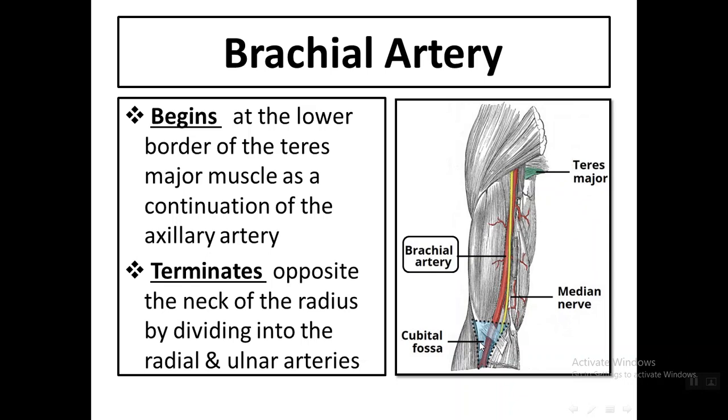It terminates opposite the neck of the radius by dividing into the radial and ulnar arteries. These are the terminal branches. We can see the relation of the median nerve to the brachial artery. First of all, the median nerve lies lateral, then anterior, then it becomes medial at the lower part of the arm.